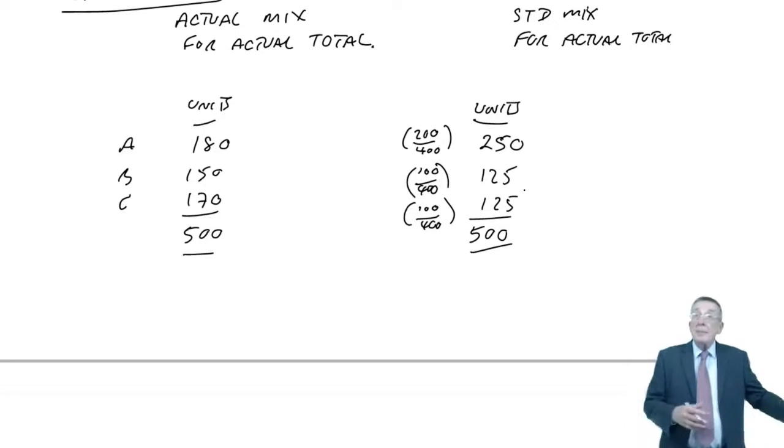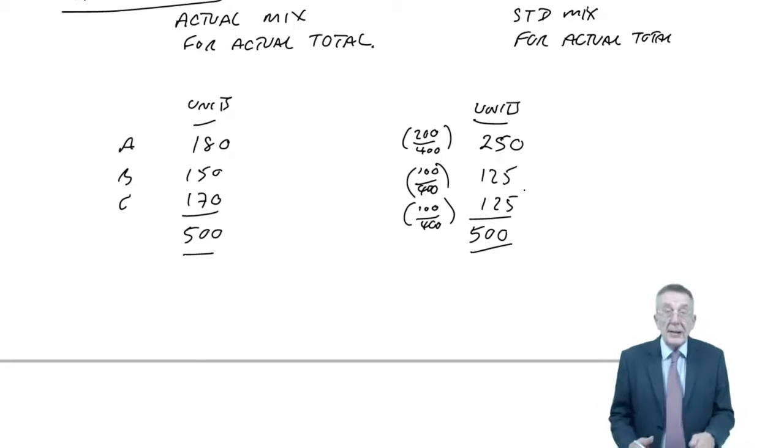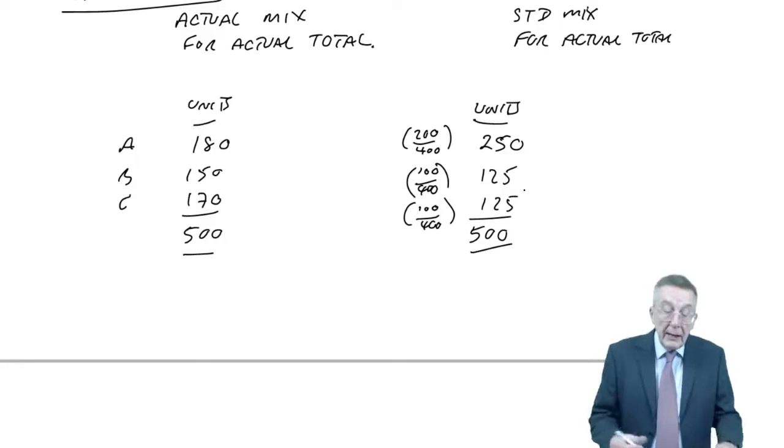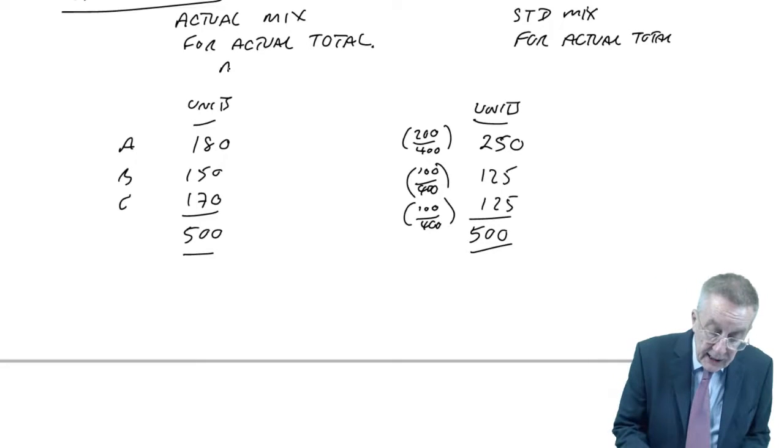We're going to cost out, but remember we're analysing the sales volume variance. In both cases we'll cost at standard profit.